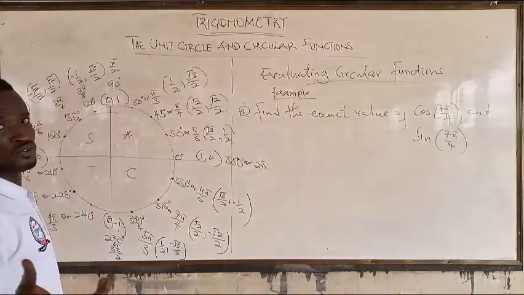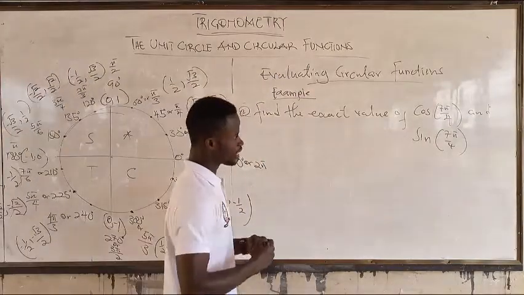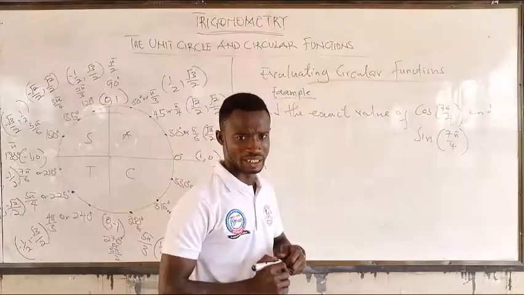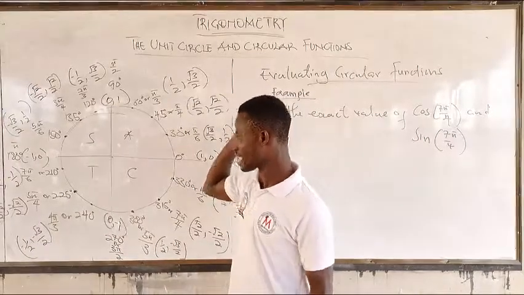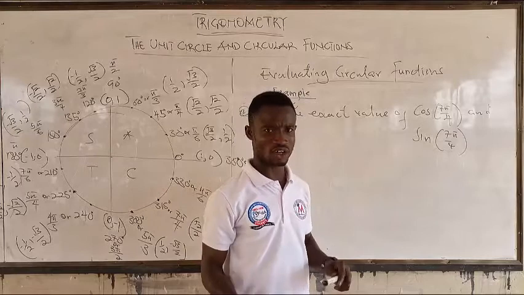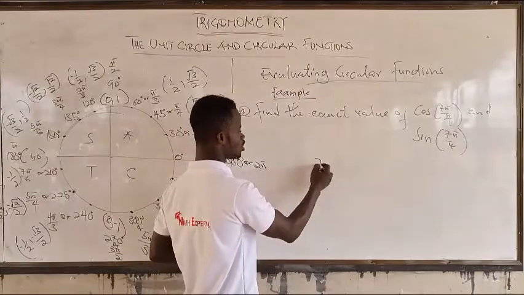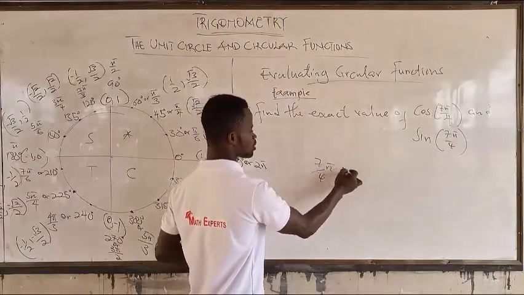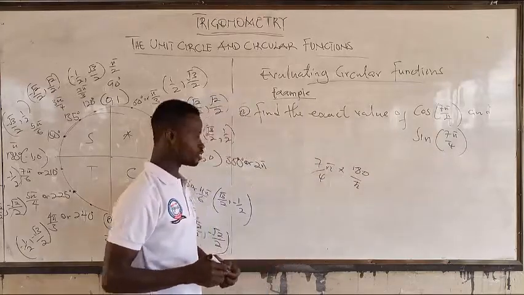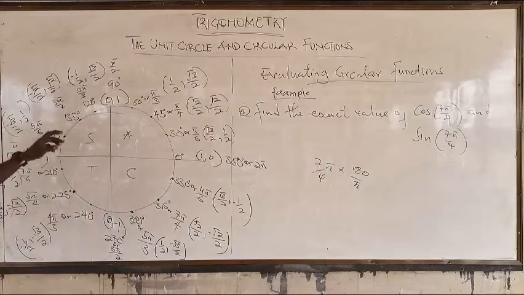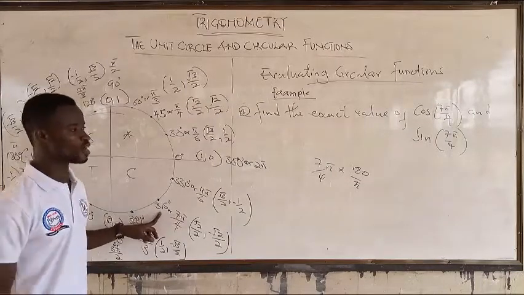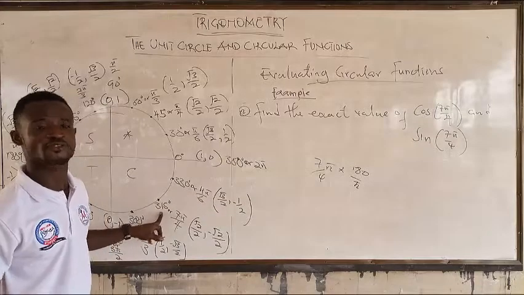So we move on. We know that 7 pi over 4. Which quadrant will it be? In case you are not getting it well, you can multiply by 180 over pi. What is that going to give you? So 7 pi over 4, when you multiply this, you're going to get 315.